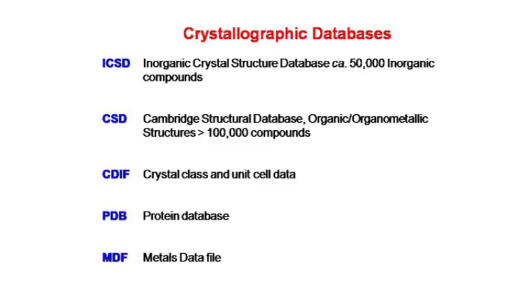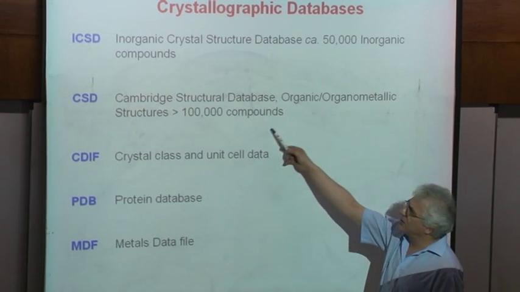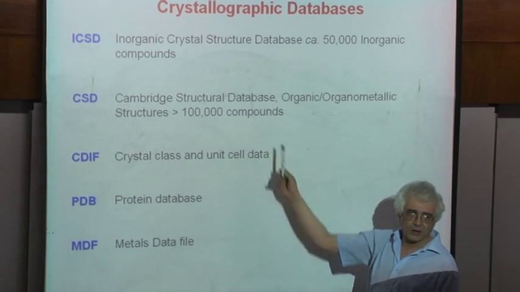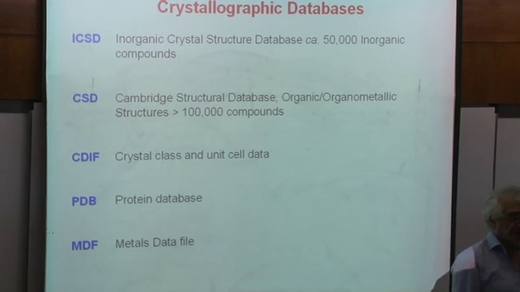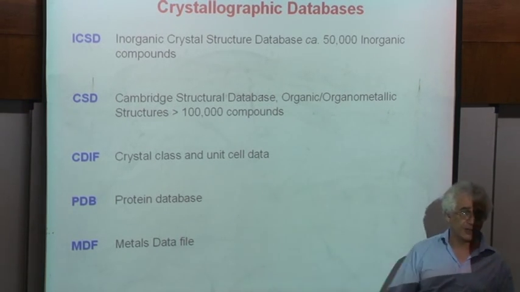It's closer to 100,000 compounds now. And the Cambridge Structural Database is more like 200, 300,000 now. So a lot of structures. In fact, most journals ask you to deposit your structure in one of these two databases before you publish.